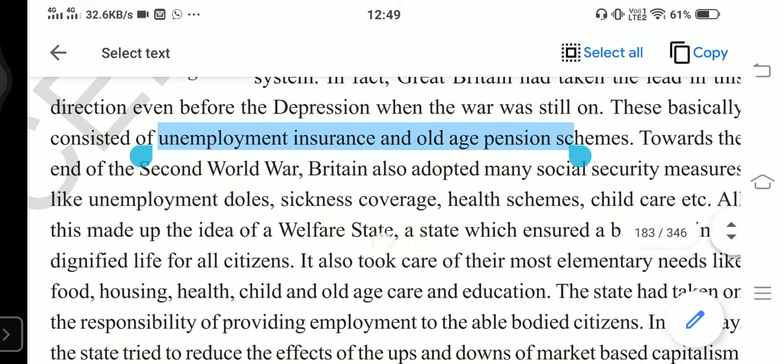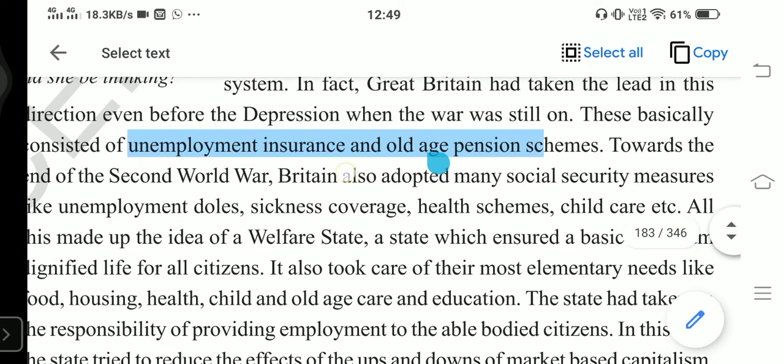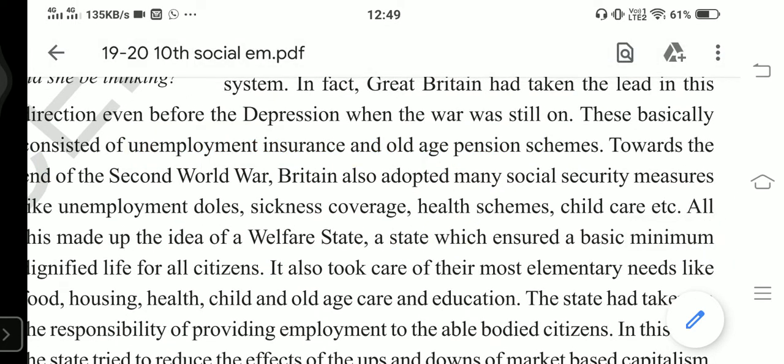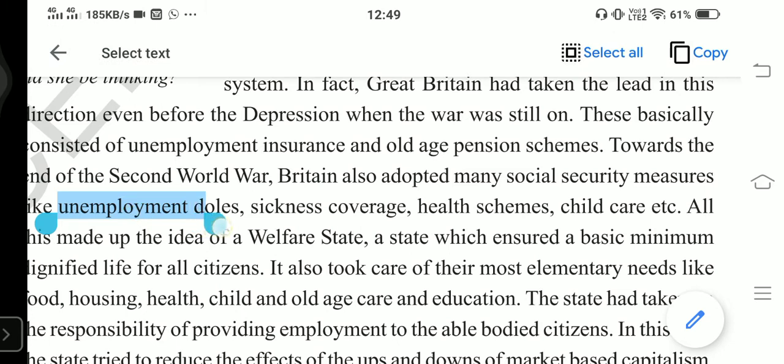By the end of the Second World War, we see that Britain also adopted other social security measures, that is, unemployment doles for unemployed people, giving a certain amount to meet their expenditure.